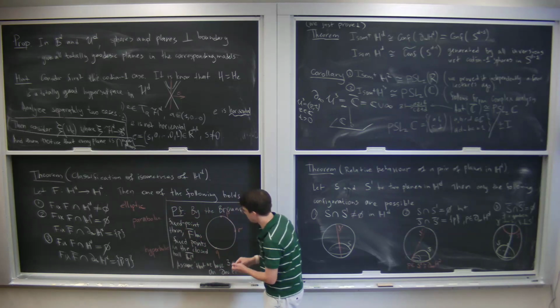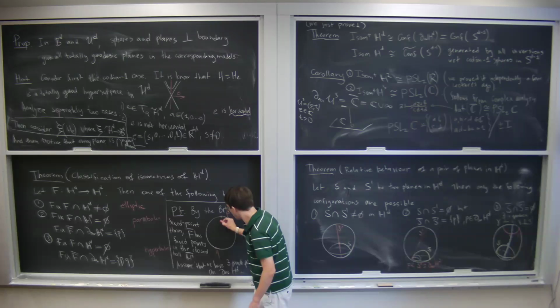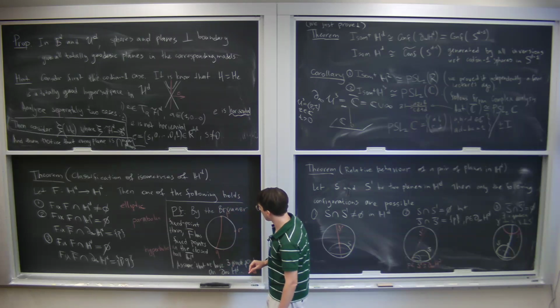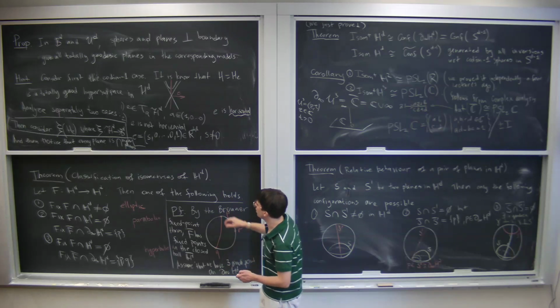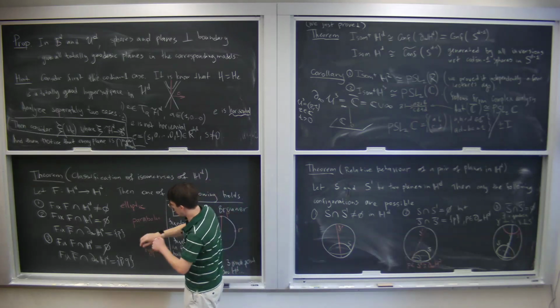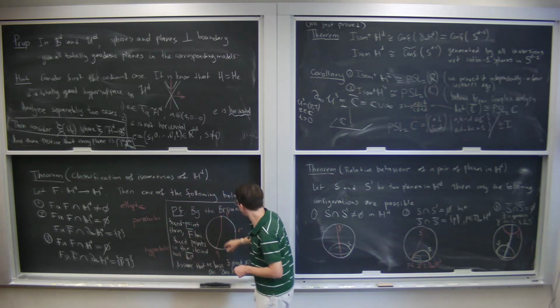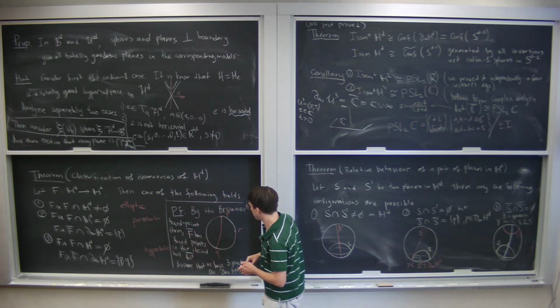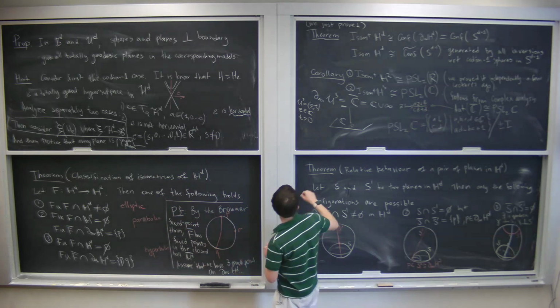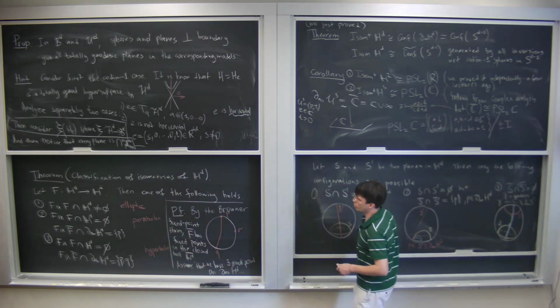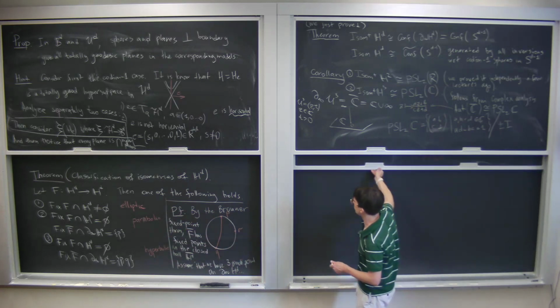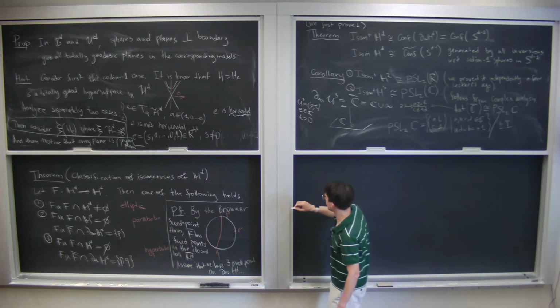Then look at this picture, and one can prove that the geodesic is invariant with respect to F. Okay, let me now go to the right word. Okay, so the continuation of the proof.